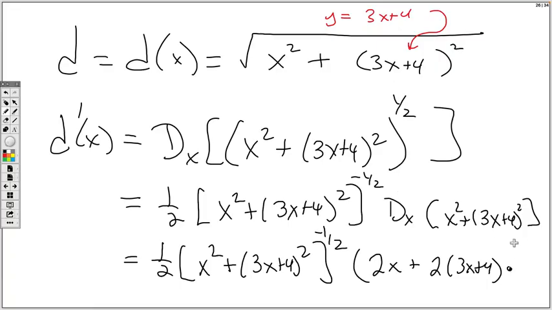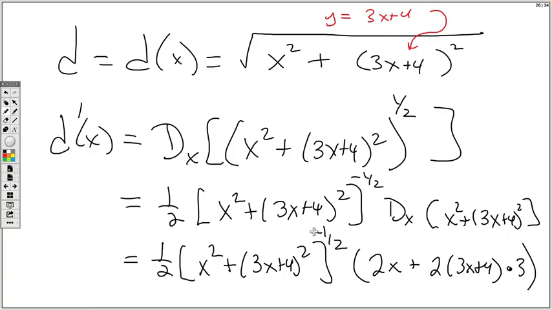And what's the derivative of 3x plus 4? What's that? 3? So far so good taking the derivative.